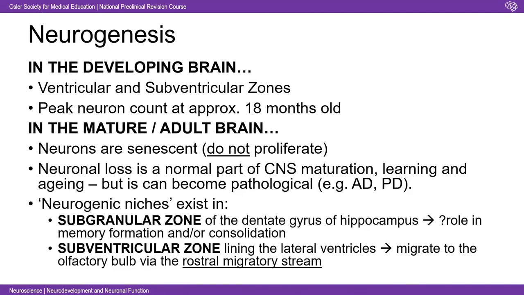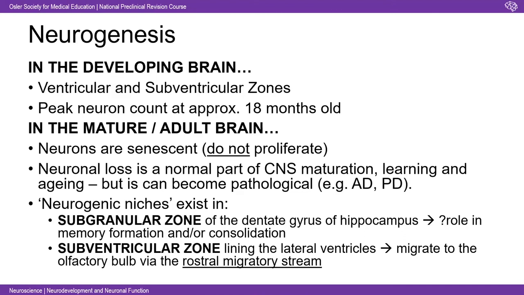Anyway, during development, you get a huge amount of mitosis to produce many millions of neurons that will eventually form your brain and your spinal cord. This neurogenesis takes place in the ventricular and subventricular zones, which I will show you shortly.